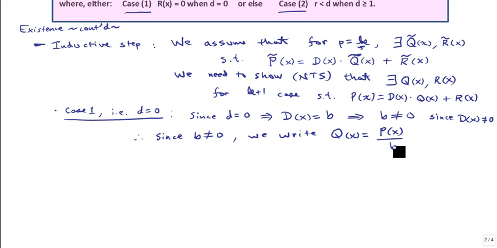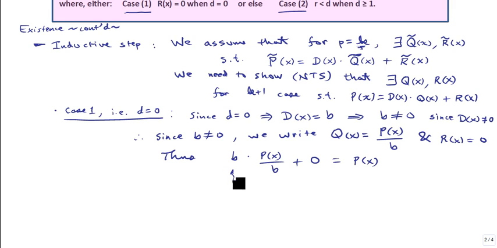Since b is not 0, I can do that. And I will go ahead and set the remainder polynomial as being 0. Thus, I get that b times p of x divided by b plus 0 is equal to p of x.